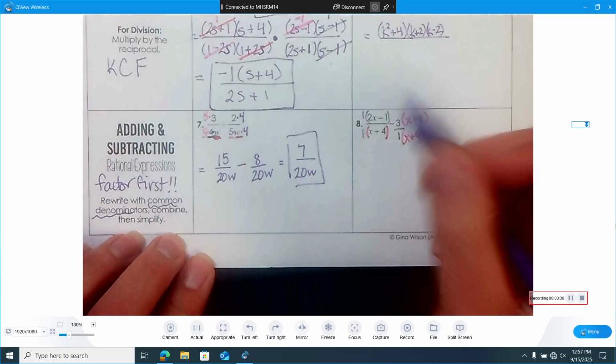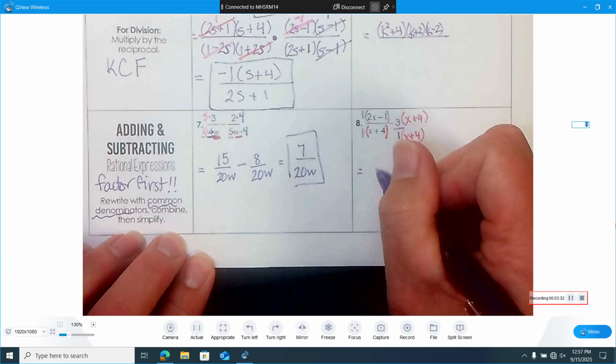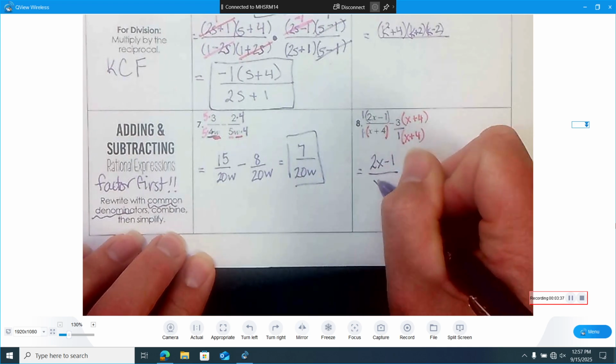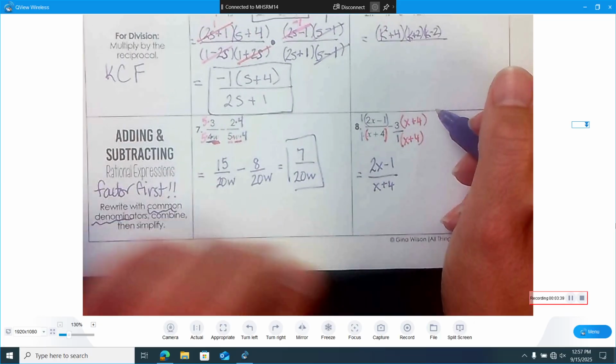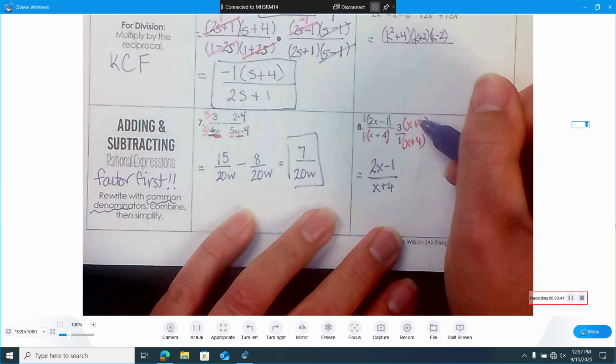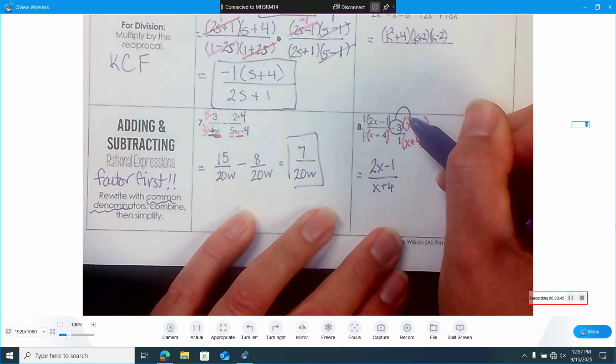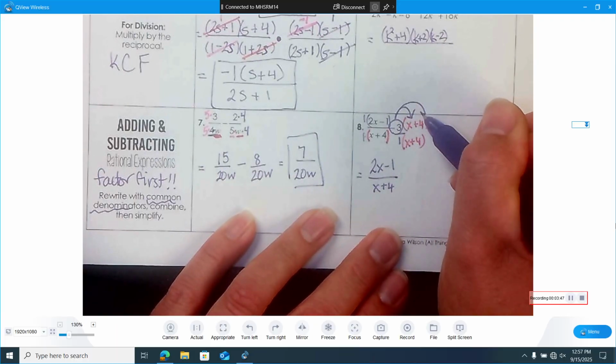The first fraction is going to stay the same. It's 2x minus 1 over x plus 4. But my second fraction, I have to do -3, and I'm going to distribute that in there.